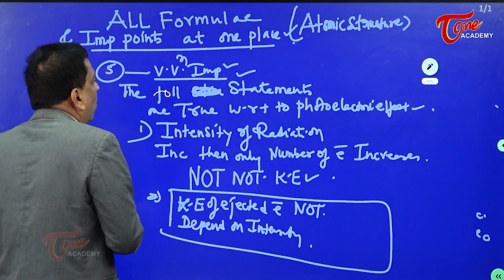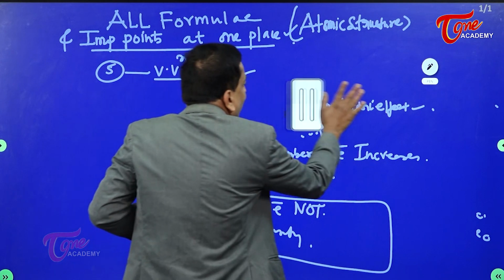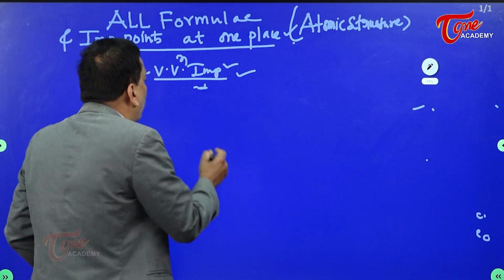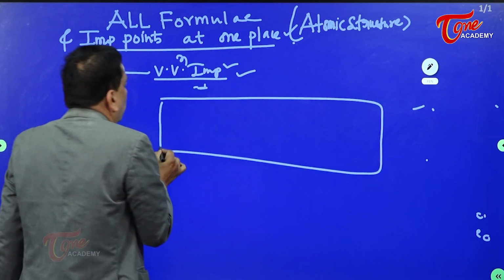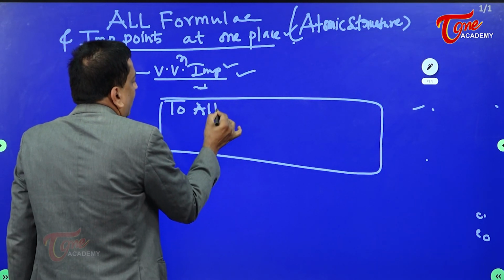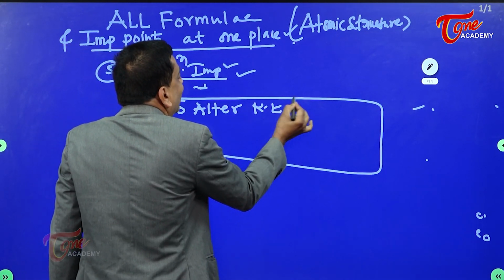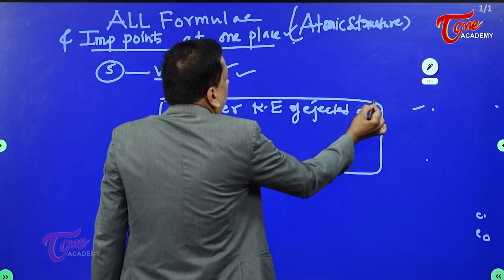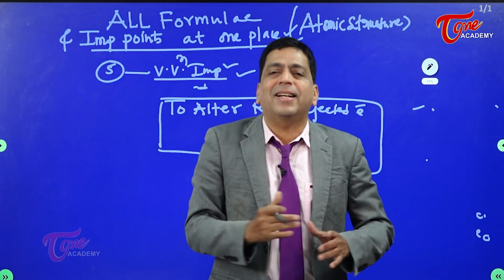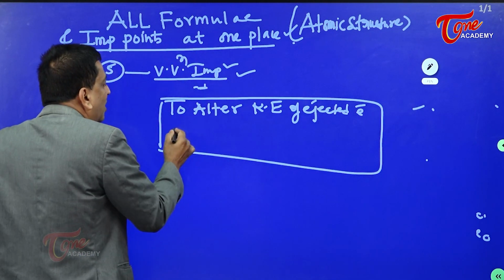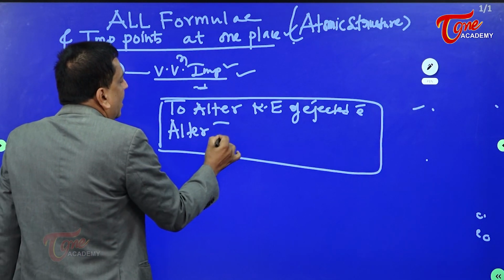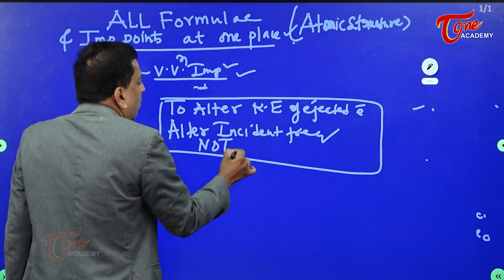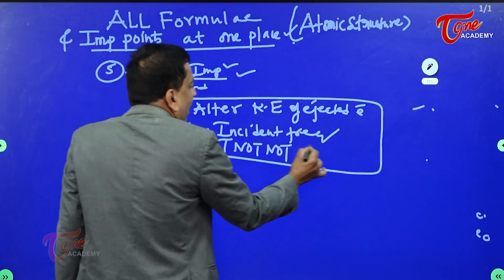And the second one, which I would like to write for you, is this. What is the second statement which you can bank on, which you will get in the exam? It is this one. To alter or change the kinetic energy of the ejected electron, you must alter the incident frequency and not the intensity.